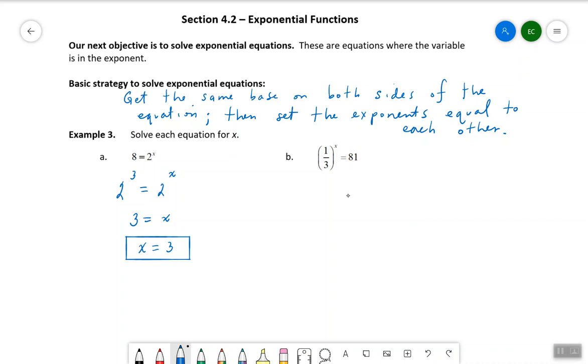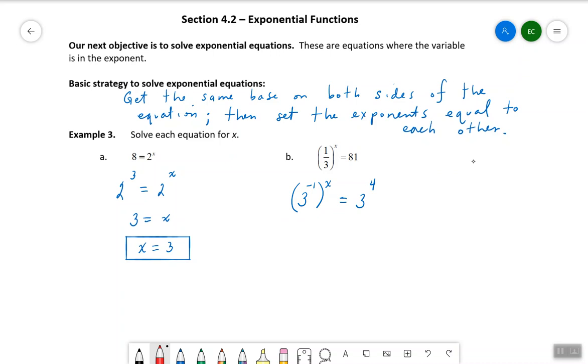That 81 is the same as 3 to the 4th power. If that seems difficult, 9 squared is 81, and 9 is the same as 3 squared. So the other thing that you need to know is that 1/3 is the same as 3 to the -1 power. And I believe we talked about that in a previous video.